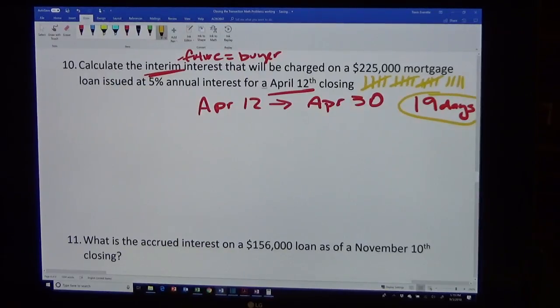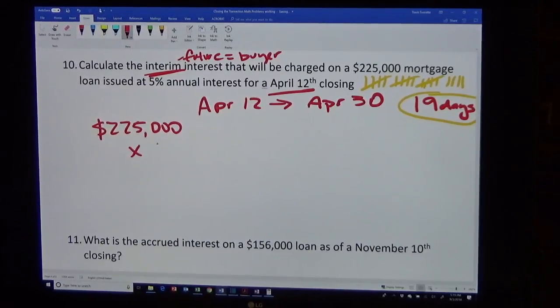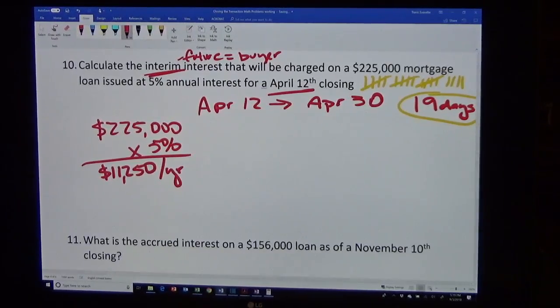As far as our interest math goes, we have a $225,000 mortgage loan at 5% annual interest. So that's interest for the whole year. 225 times 5% is $11,250 per year in interest.